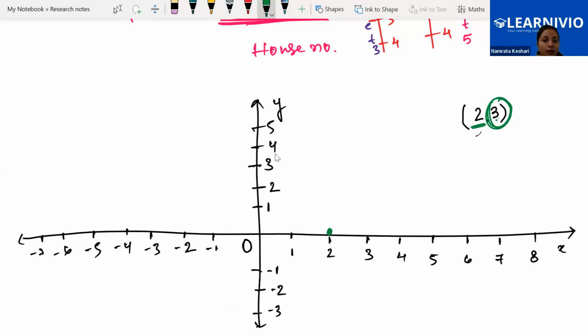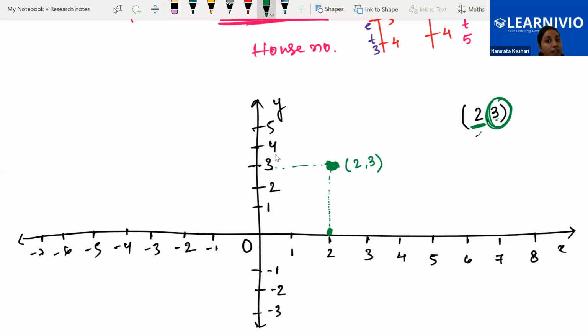This is the green dot I have made at positive 2. Now y is positive 3. Now we realize that positive 3 means upside. So from our green dot, we will start moving upside. Just see the cursor. Wherever y is positive 3. Can you see here y is positive 3? Parallel to this 3 here. Can you see? Yes, ma'am. This is the location of (2, 3).